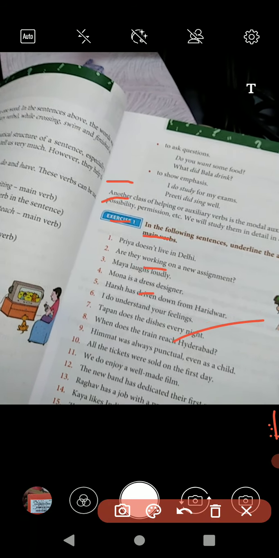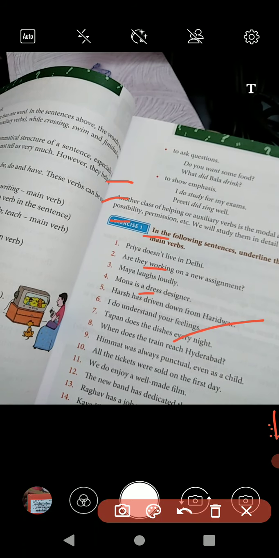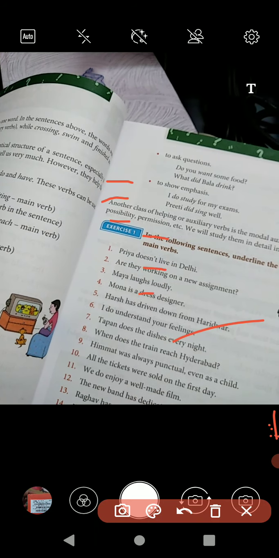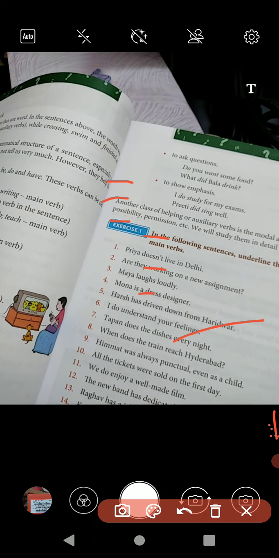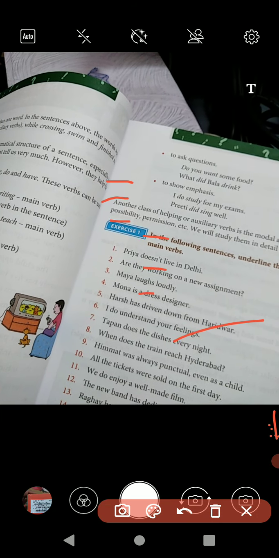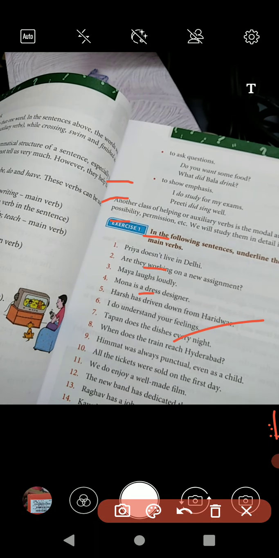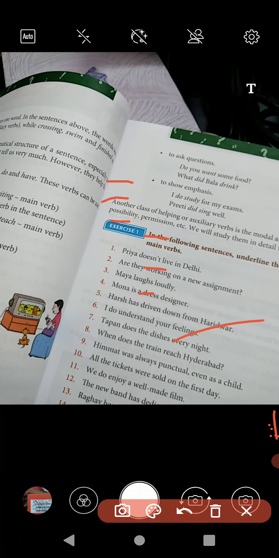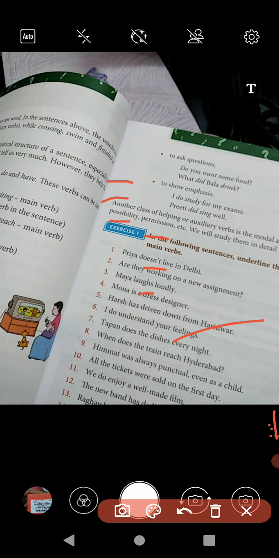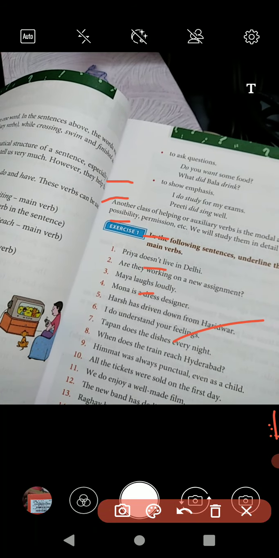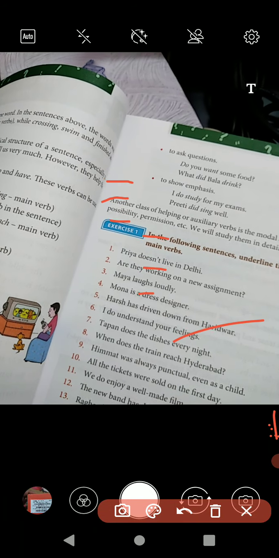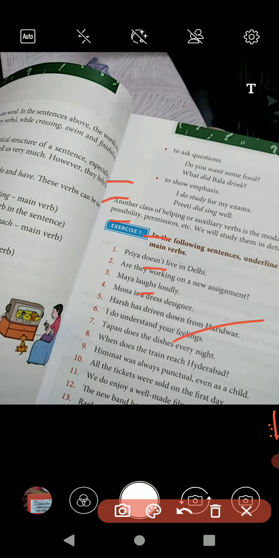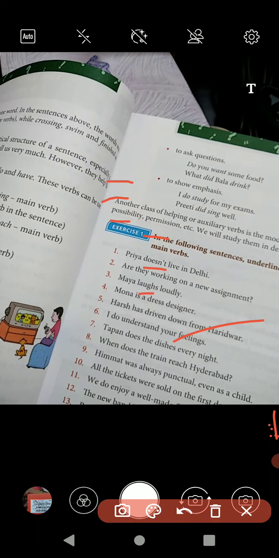Now the fifth sentence, Harsh has driven down from Haridwar. Harsh has driven, that means he was driving down from Haridwar. So in this sentence, we have two verbs.